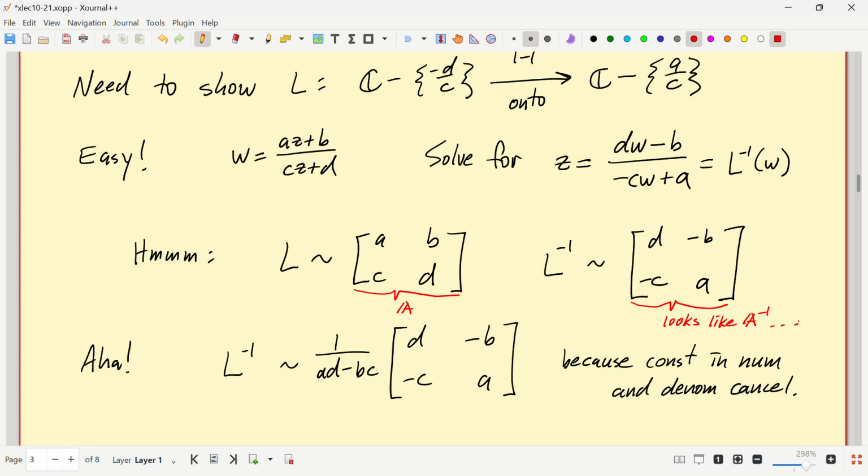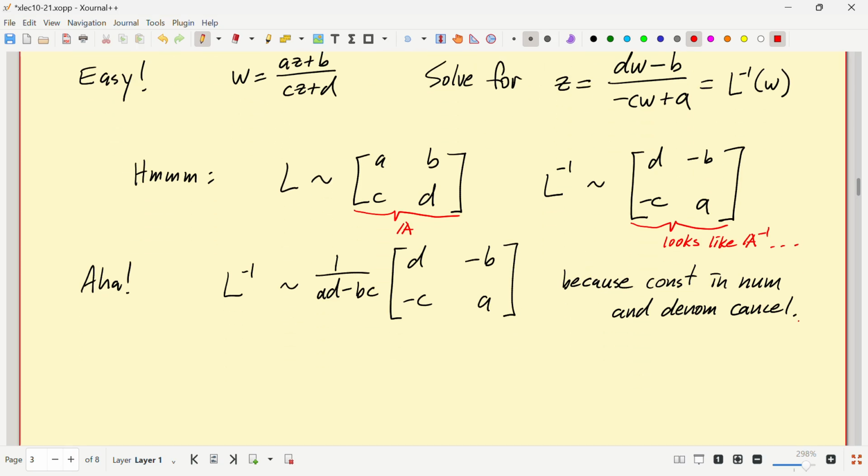And this one is A inverse. So that's the easy way to compute the inverse: swap the diagonal elements and put minuses in the other spots, and skip the determinant part. But with the determinant, it also represents the inverse.